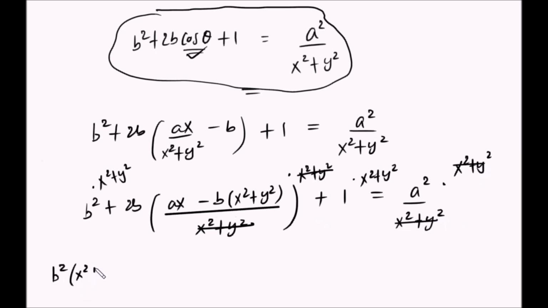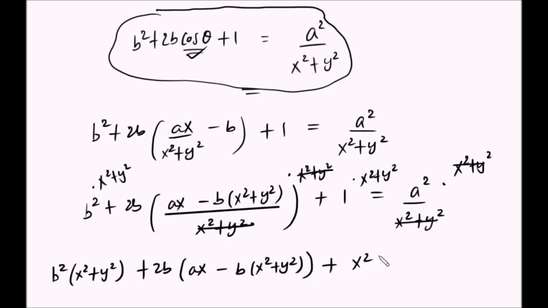So we have x squared plus y squared. Alright, jumlisha. So hapa tunabaki na 2b. So huku ndani tuna ax minus b. This one is x squared plus y squared. Jumlisha. This one is x squared plus y squared. Na huku mwisho ni a squared.